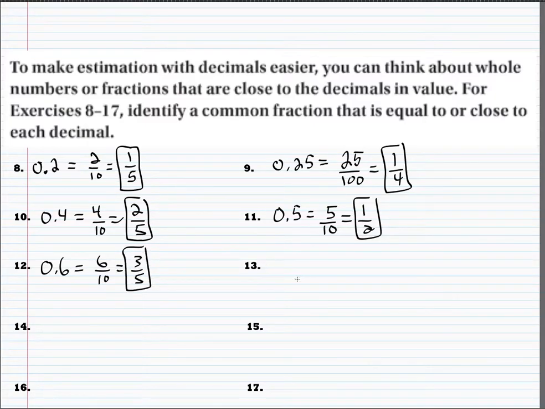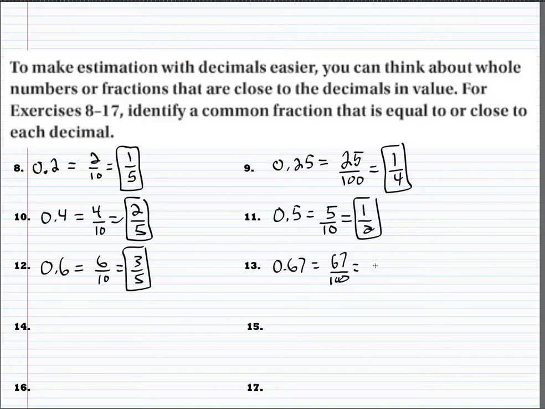For number 13, we have this, 67 hundredths. Now I could write that as a fraction as 67 over 100, but that's not really a benchmark fraction that we see. So this is where knowing those benchmarks really comes into play.